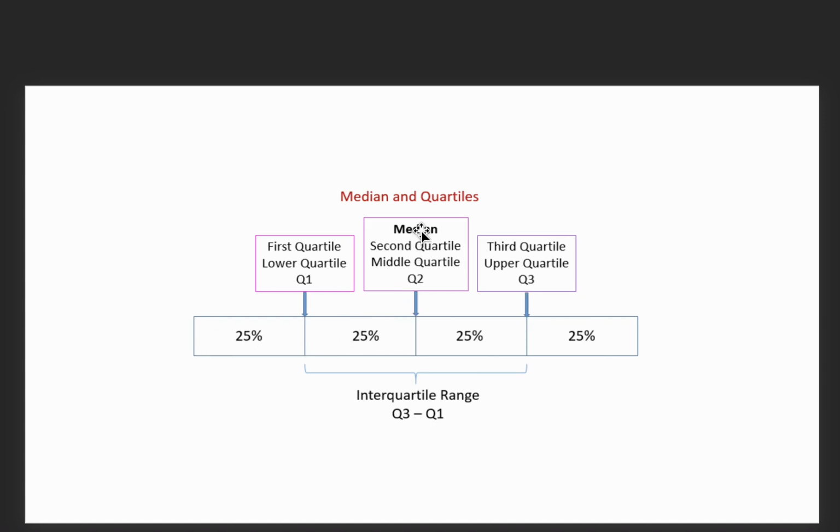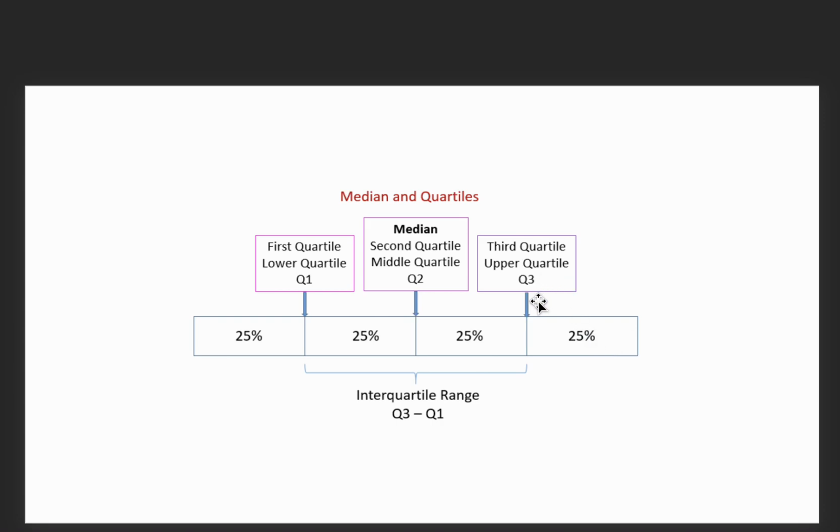Then we have the median, which is also symbolized as Q2, and that is the number so that 50% of the data is below it and 50% of the data is above it. It's the middle point of the data.